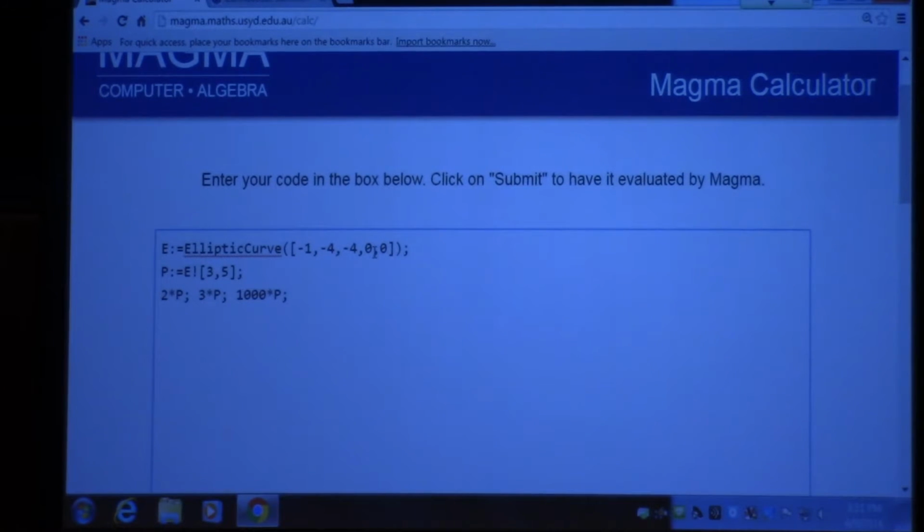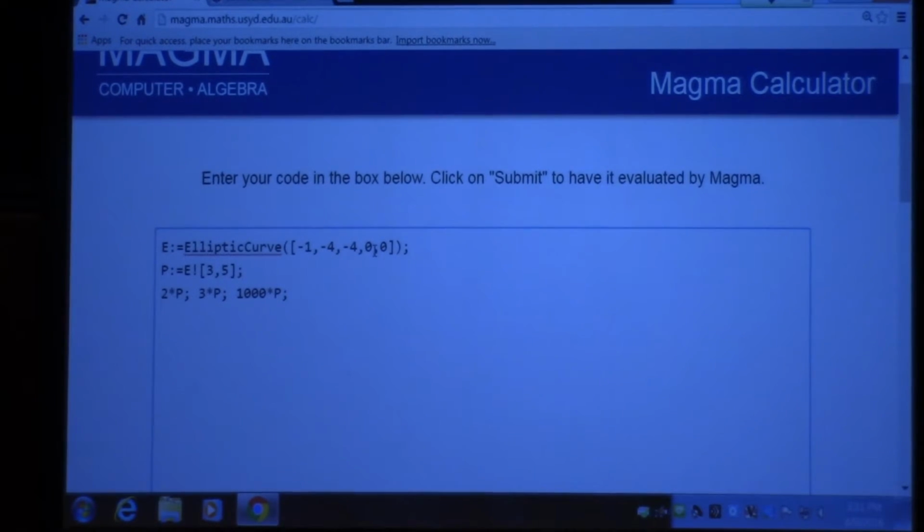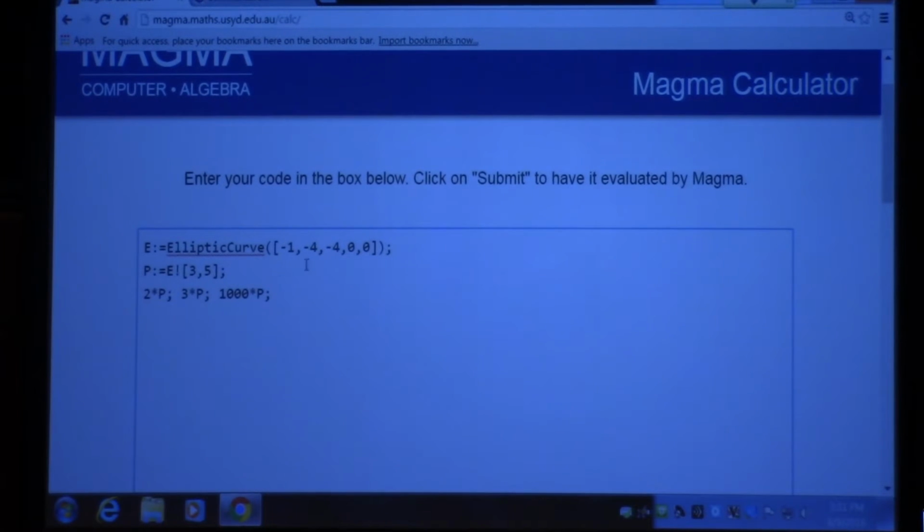And then the next minus 4 is the coefficient in y. And then 0 and 0. So it's that elliptic curve, and it has (0, 0) as a point. So we're very excited that (0, 0) is there.